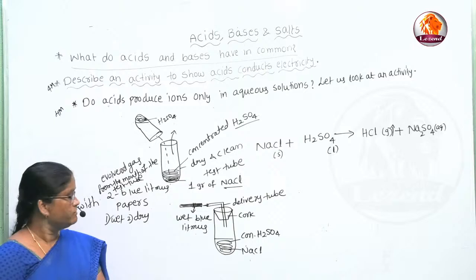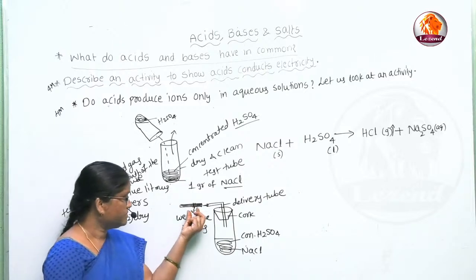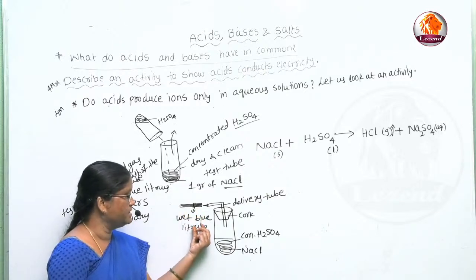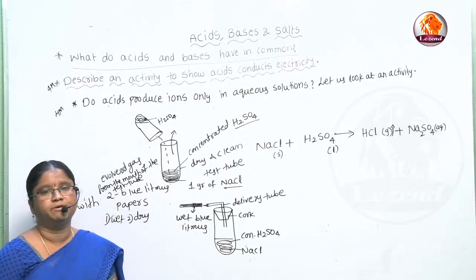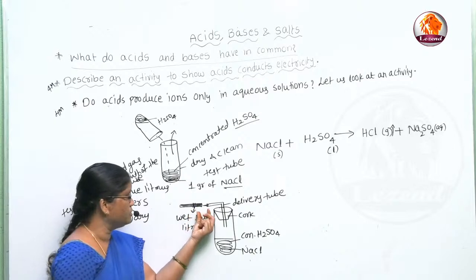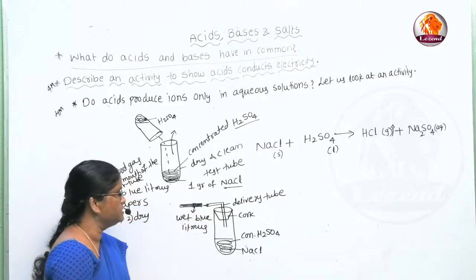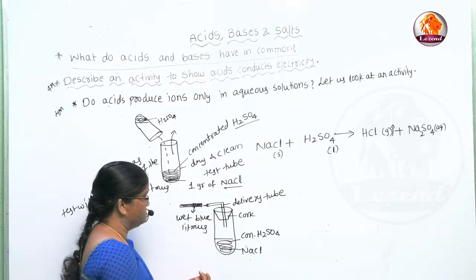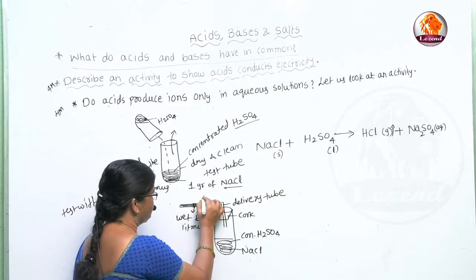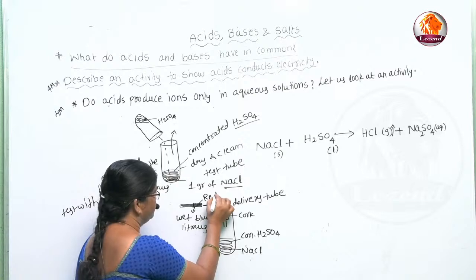When I tested with the dry blue litmus paper, I did not observe a change in color. When I placed the wet blue litmus paper near the mouth of the delivery tube, I observed a change in its color. Only the wet blue litmus paper changes into red. Means what?